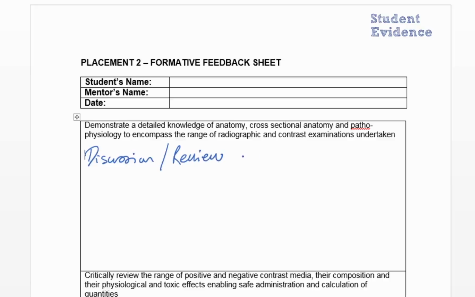These can be anything from projection radiography, if you still do barium imaging, those sorts of things, that's fine. You could even look at CT colonographies, looking at the effects of negative contrast media.